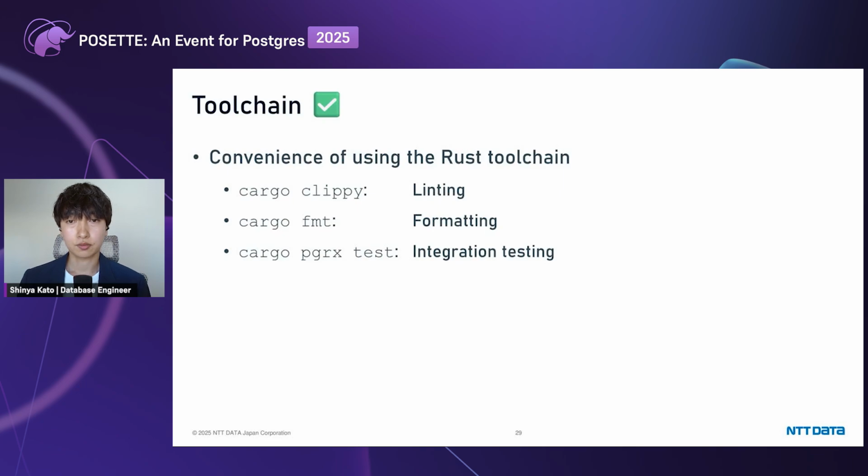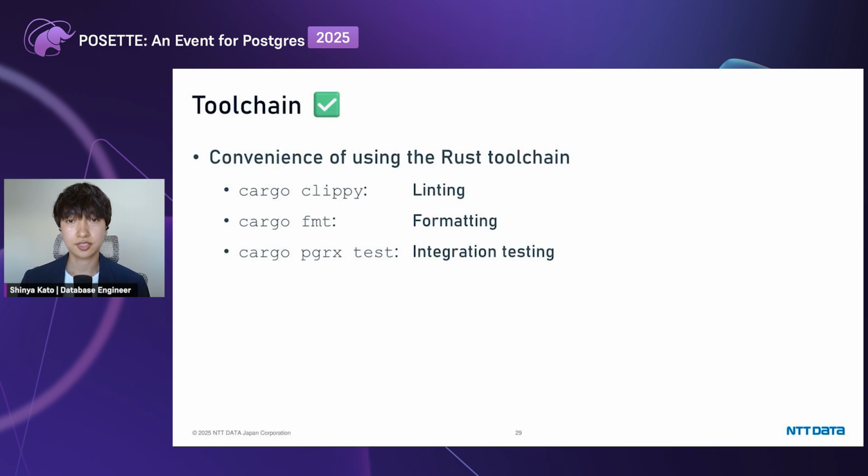The fourth point I'd like to introduce is toolchain. When developing with pgrx, you directly benefit from the rich Rust ecosystem, particularly its excellent toolchain. This familiarity offers great convenience. For instance, you have Cargo Clippy for linting to help write more robust and idiomatic Rust.